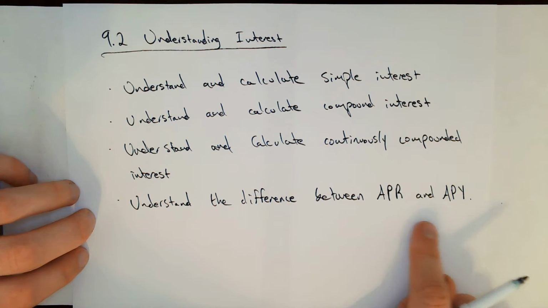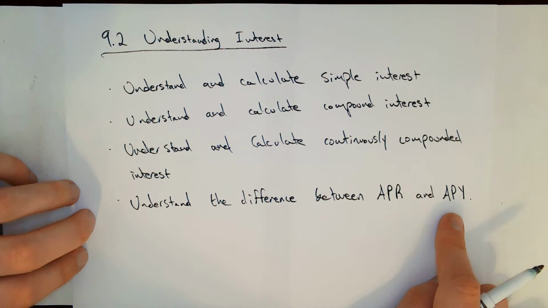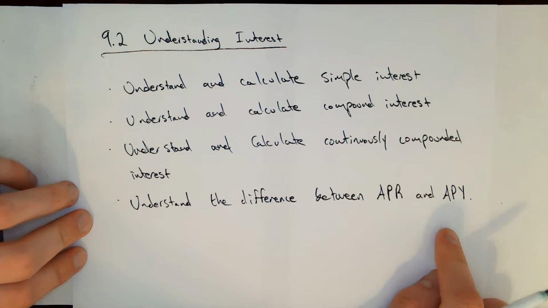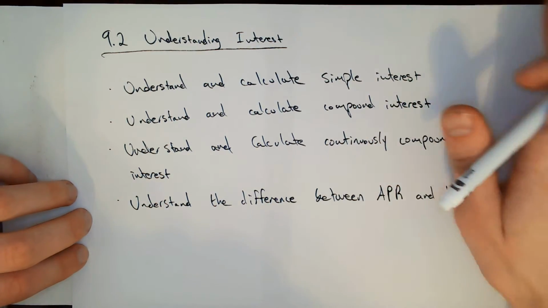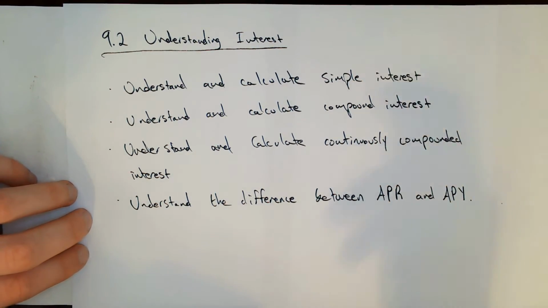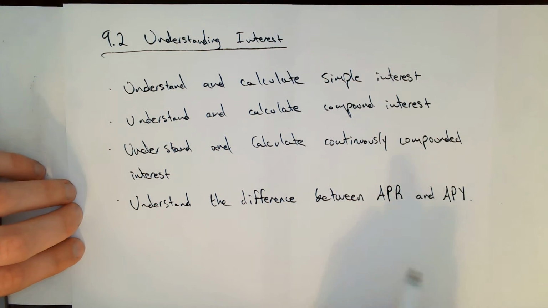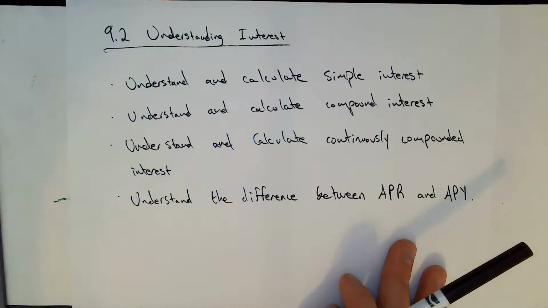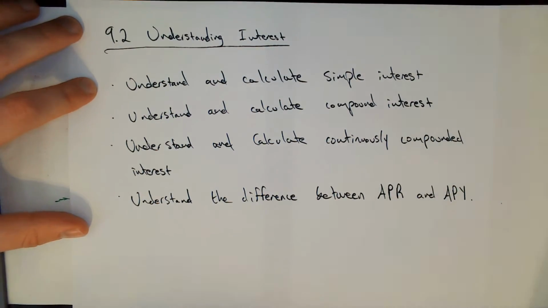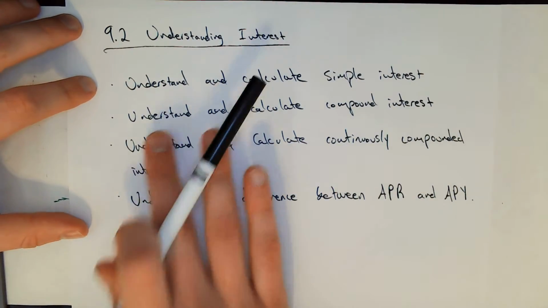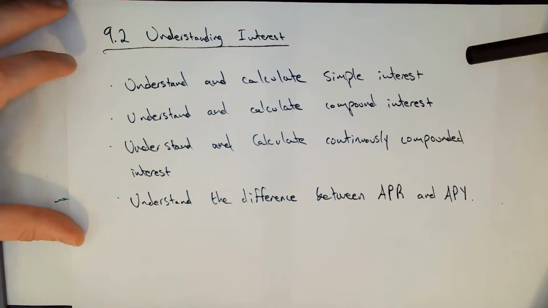You'll usually see these in the fine print at the bottom of the page where they're describing the loan for the car. So you've probably seen these abbreviations before. So these are the goals for section 9.2.